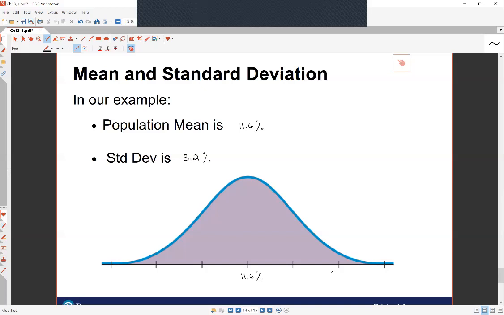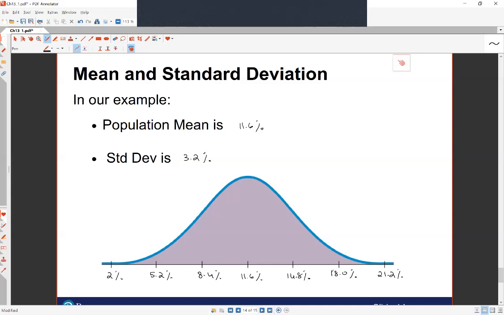And then if we add 1 standard deviation, we have 14.8%. If we add another standard deviation, we have 18%. And adding 1 more standard deviation, we have 21.2%. And if we subtract, we respectively get 8.4%, 5.2%, and 2%.